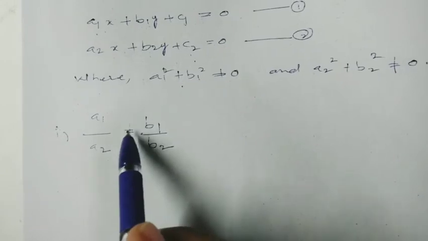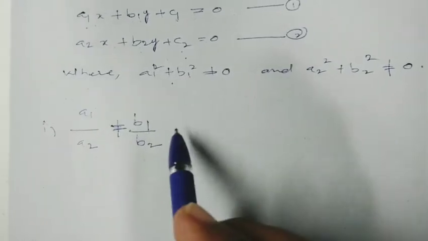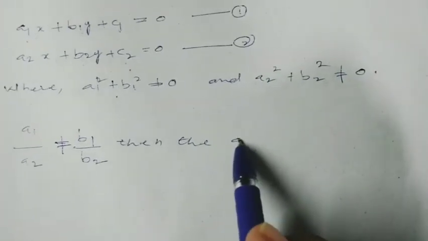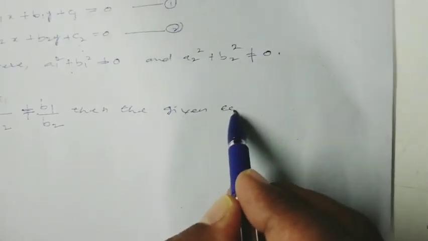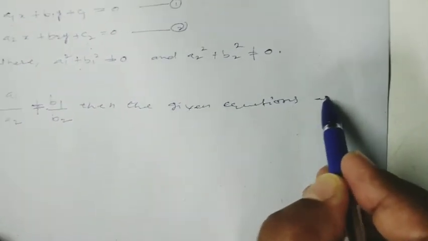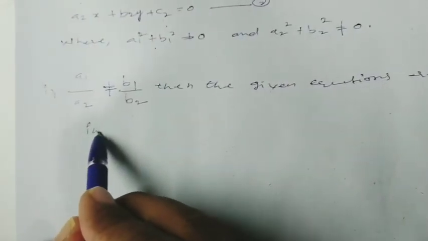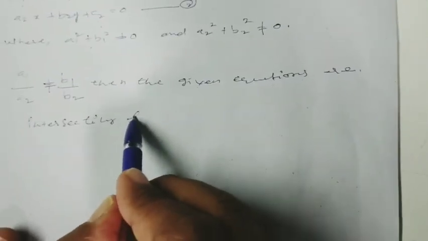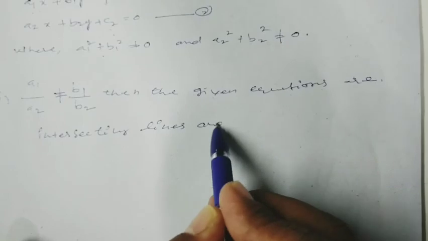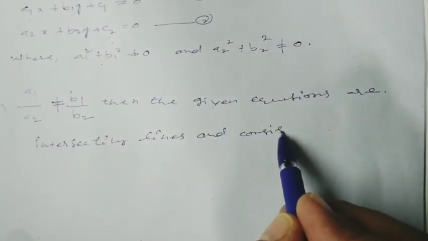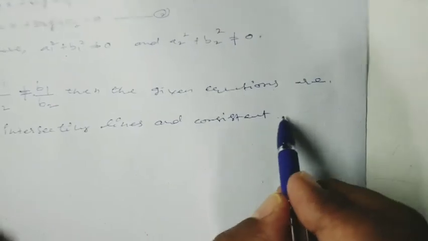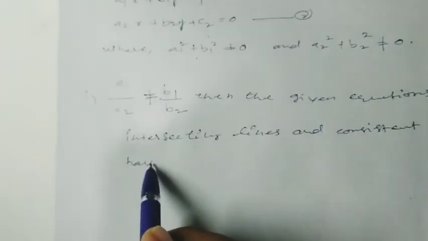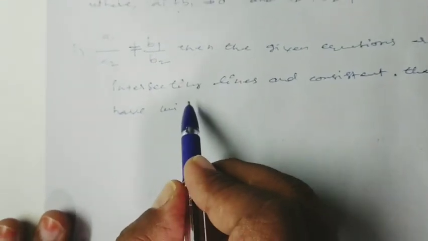If a1 by a2 not equals to b1 by b2, then the given equations are intersecting lines and consistent. Intersecting lines and consistent, they have a unique solution.